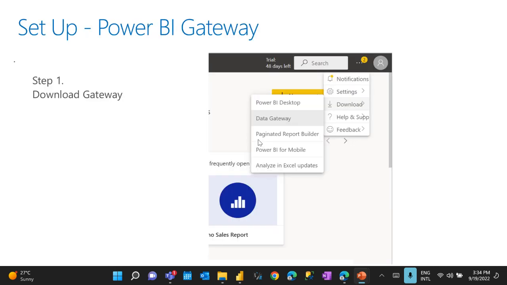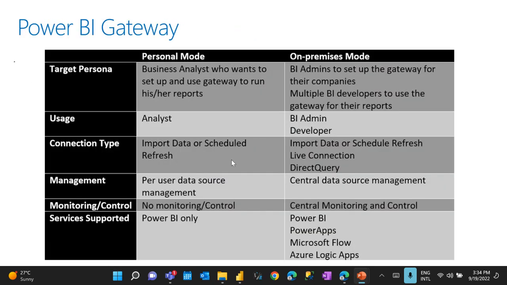If you're not only using import mode in importing your data, but you also have connection and direct query, you cannot use the personal mode. You have to use the standard mode.